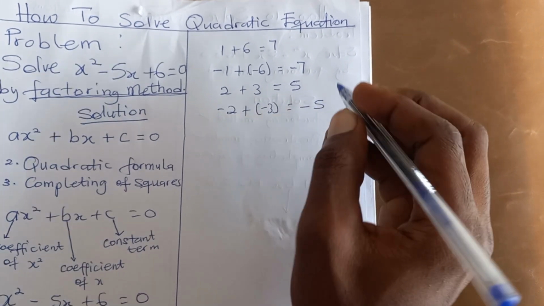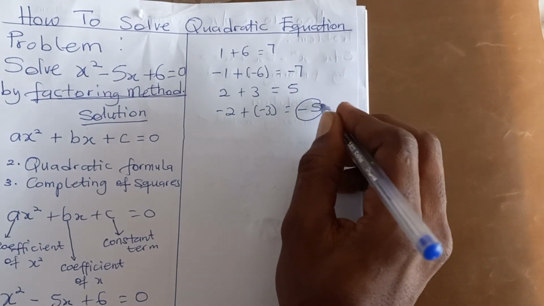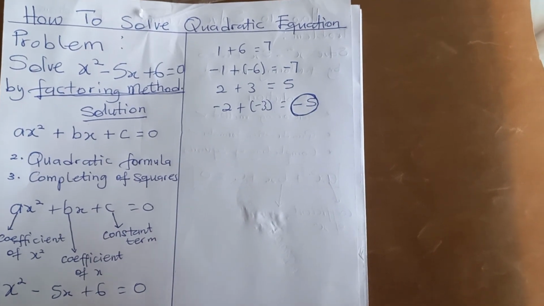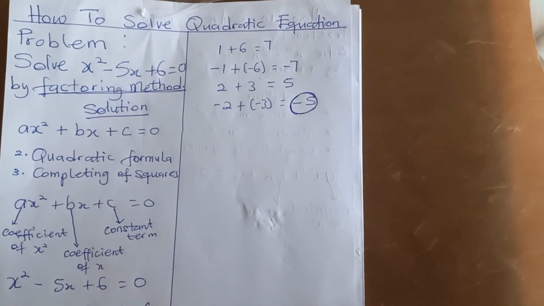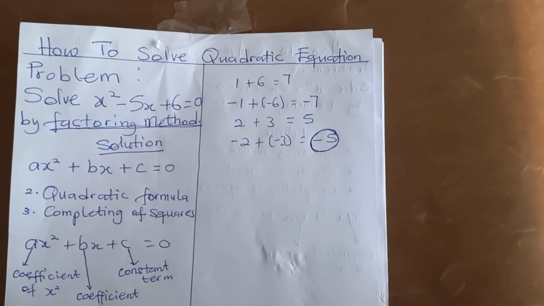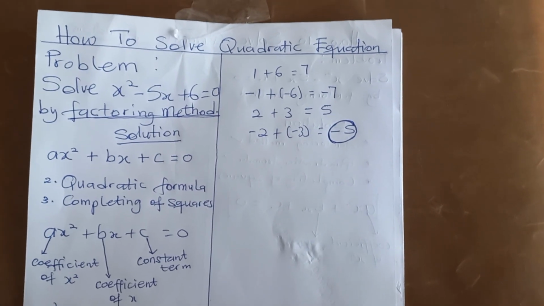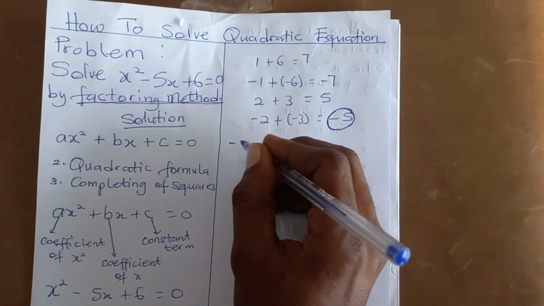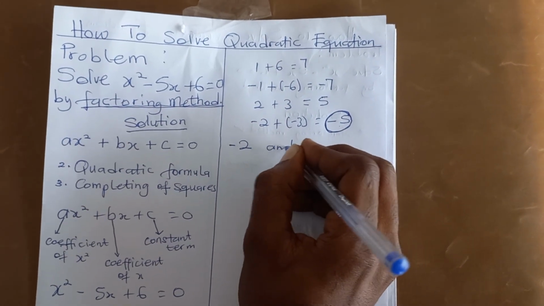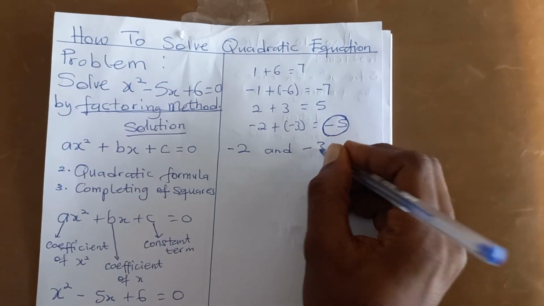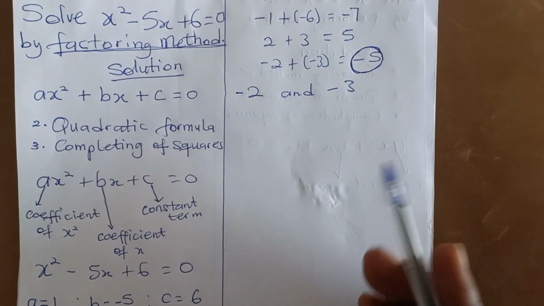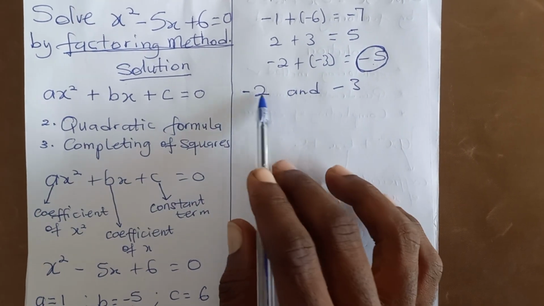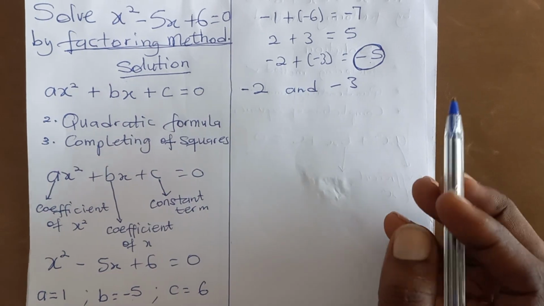Negative 5. So you can see that we are getting negative 5 here. So we can now conclude that our pair of numbers that, when we multiply, we get 6, but when we add, we get negative 5, is negative 2 and negative 3.